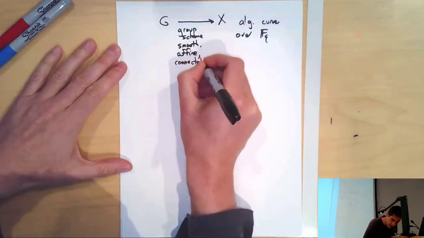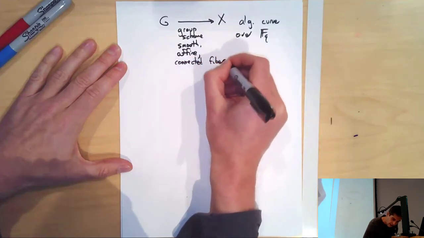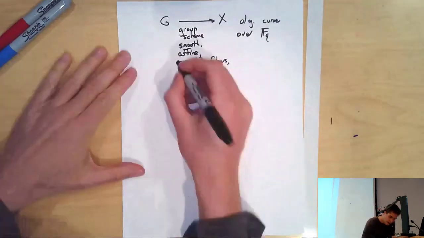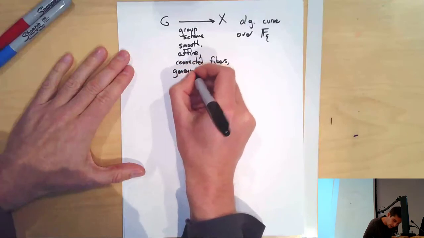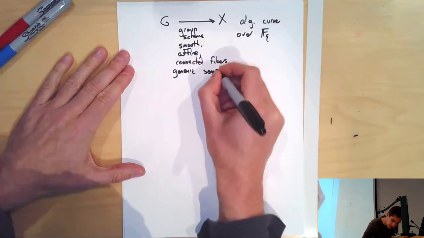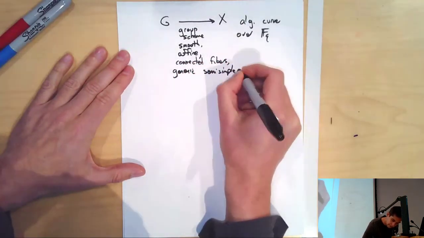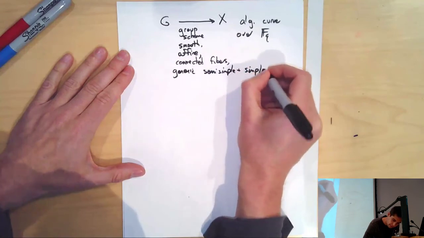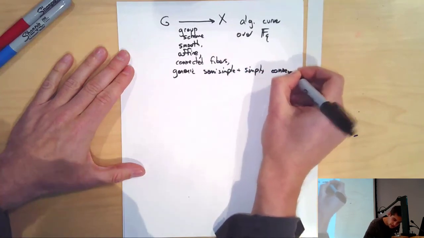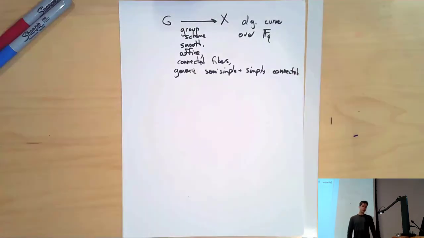The fibers are connected, and the generic fiber should be semisimple and simply connected. This is just the setup that we had in Lecture 2, except in Lecture 2, I think I forgot to tell you the properties that I wanted my integral model to have. I wanted my integral model to have these properties.